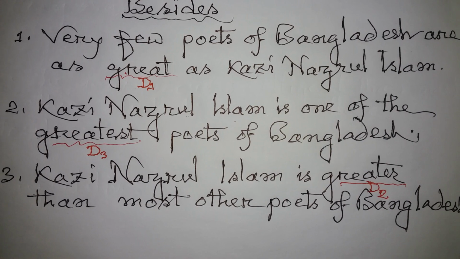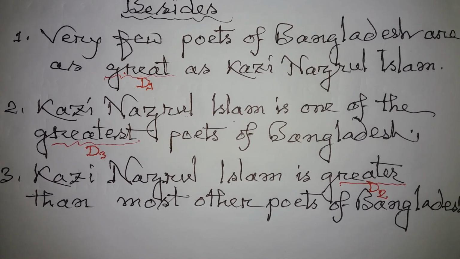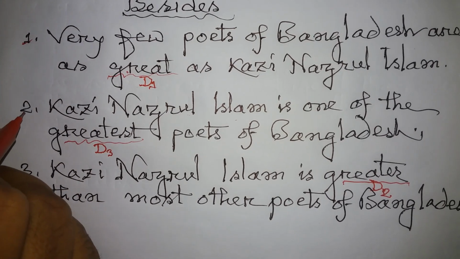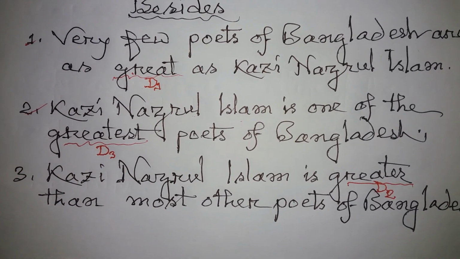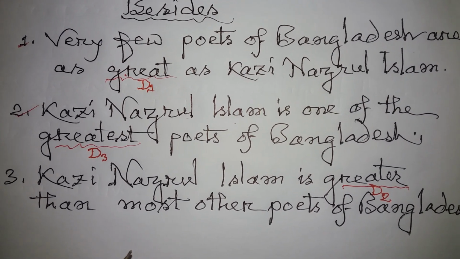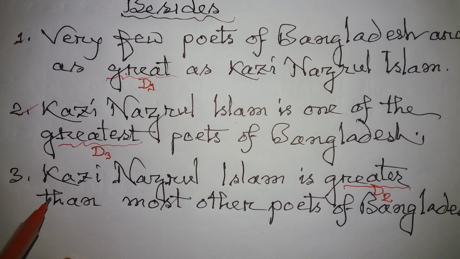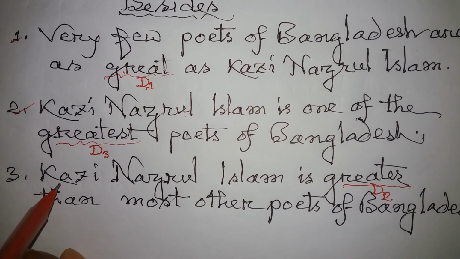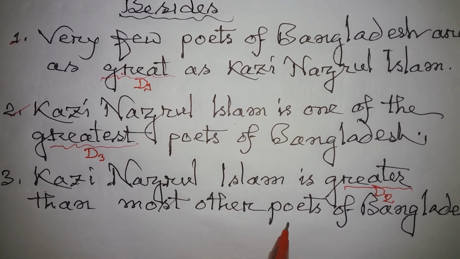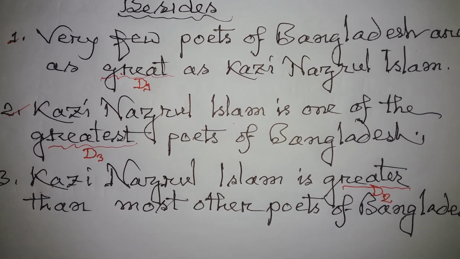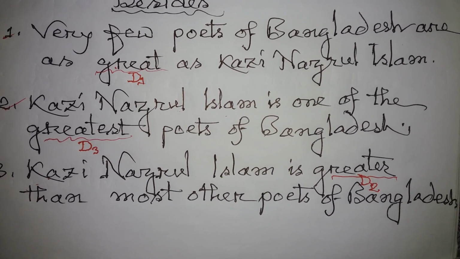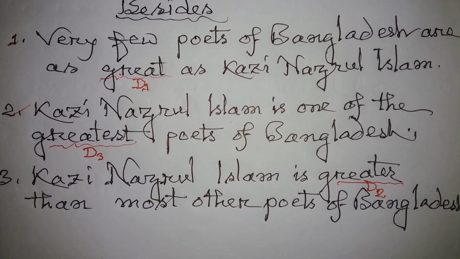When we transform number one sentence and number two sentence into comparative degree, we have to use it in this way: Kazi Nazrul Islam is greater than most other poets of Bangladesh.